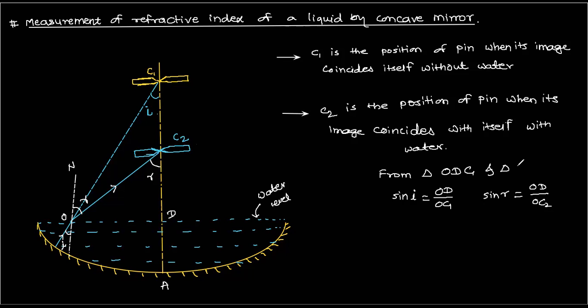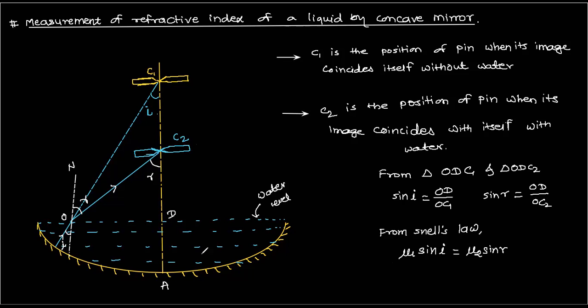Here I am writing another triangle also, from triangle ODC1 and ODC2. These two triangles we have considered. Keep it in mind. This triangle and this triangle. So we got this. Now, from Snell's law, mu1 sine of I is equal to mu2 sine of R. Mu1 is what?